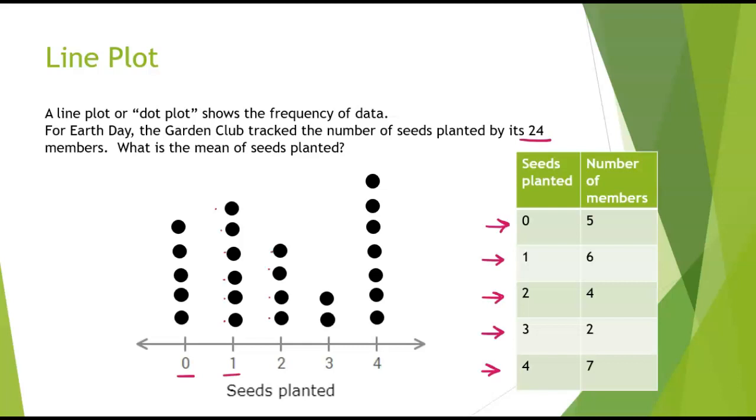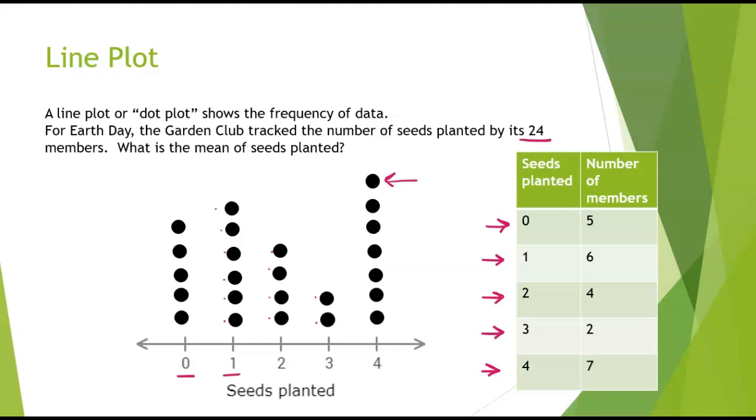Each one of these dots represents one of the members, and so on. And we see that the most people planted 4 seeds, because these dots are taller. There's more dots in this one than any other column.